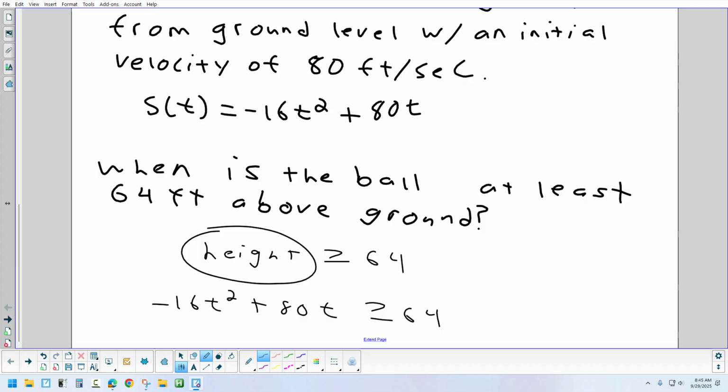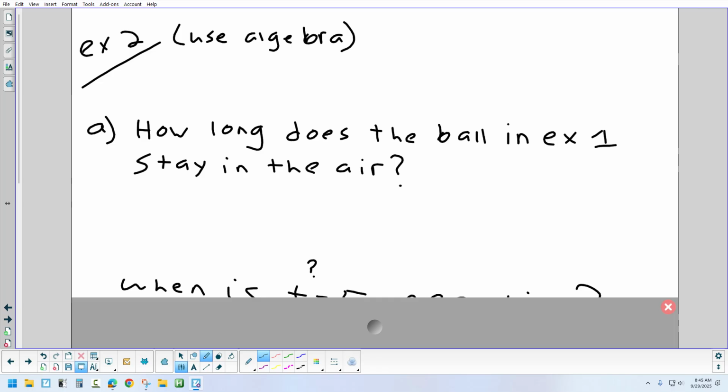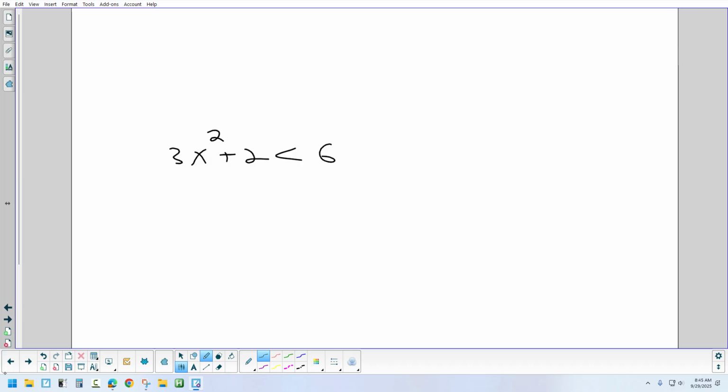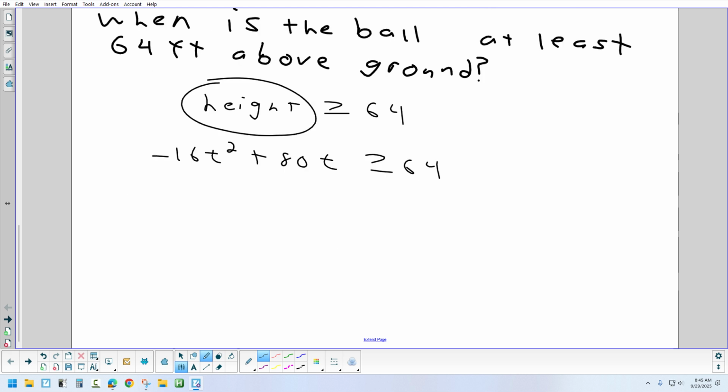Maybe we'll do this one on the calculator, and then the next one, that's what I was just looking at, we'll do algebraically. All right, so let's put this on the calculator and let's put everything on one side.